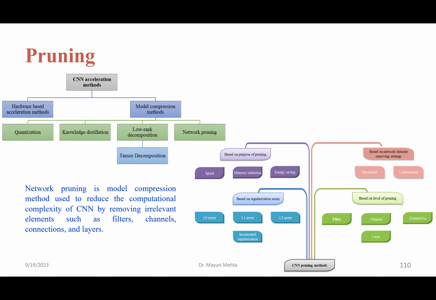So what exactly is network pruning? Network pruning is neural network model compression used to reduce the computational complexity of the network by removing irrelevant elements such as filters, channels, connections, and layers.